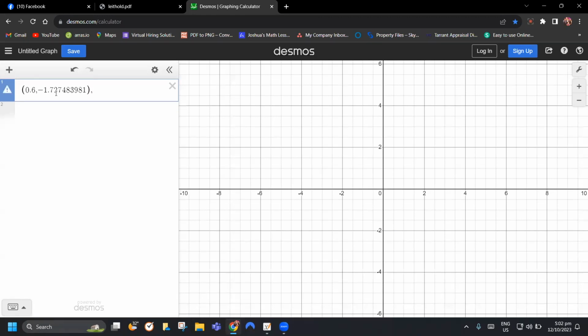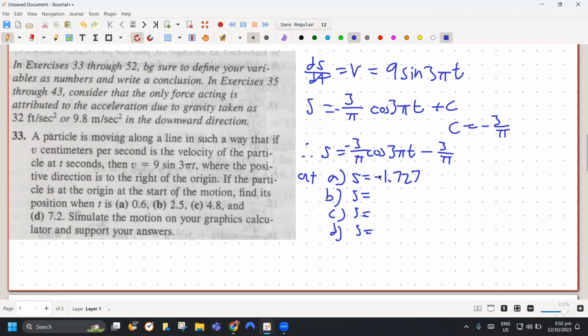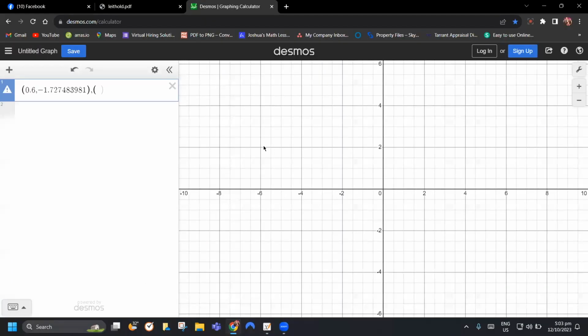Kuha mo na yan. Teka, S equal to negative 1.7277. Pwedeng paki-recheck niyan.